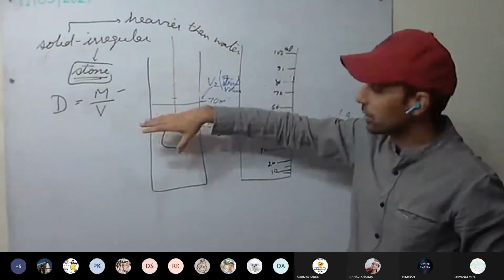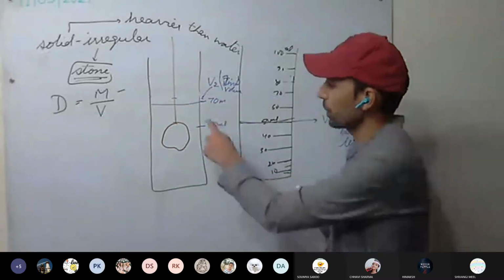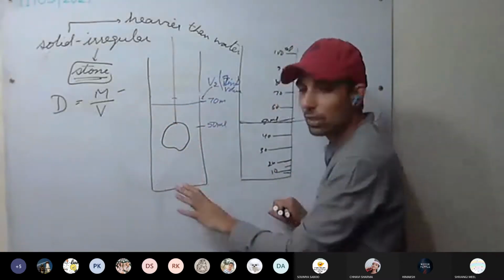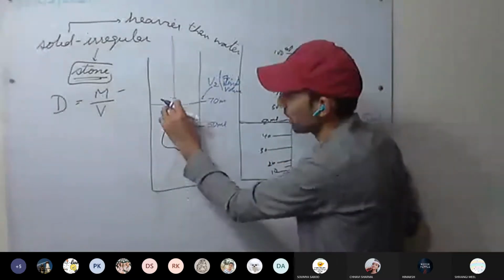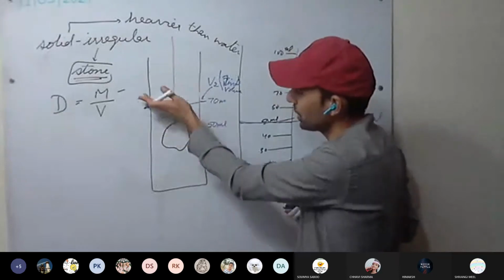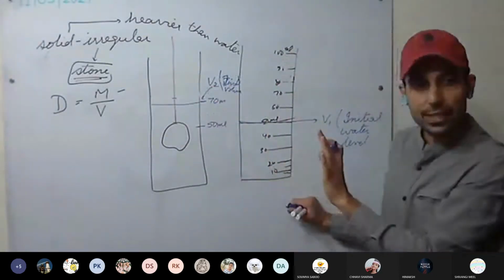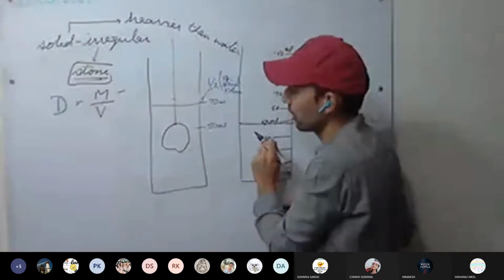It should not touch the sides and bottom. As we immerse it, the water level keeps on rising. When completely immersed, the water level becomes steady again. Now we measure the final volume.